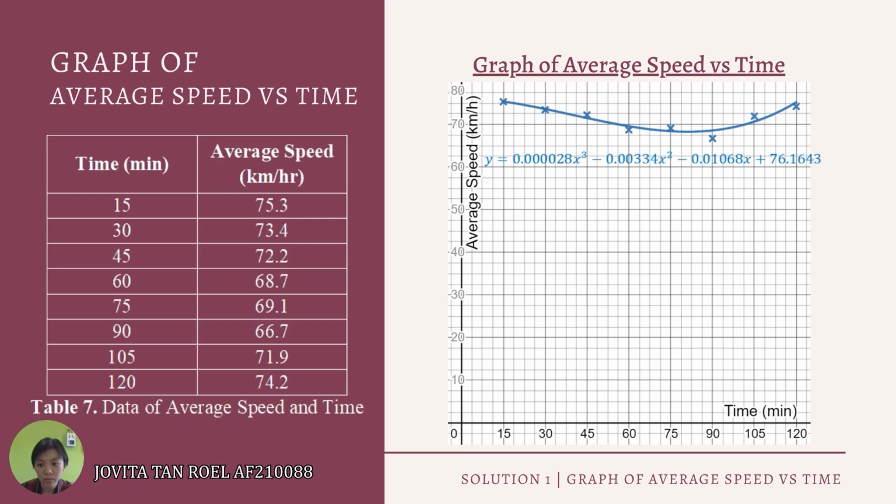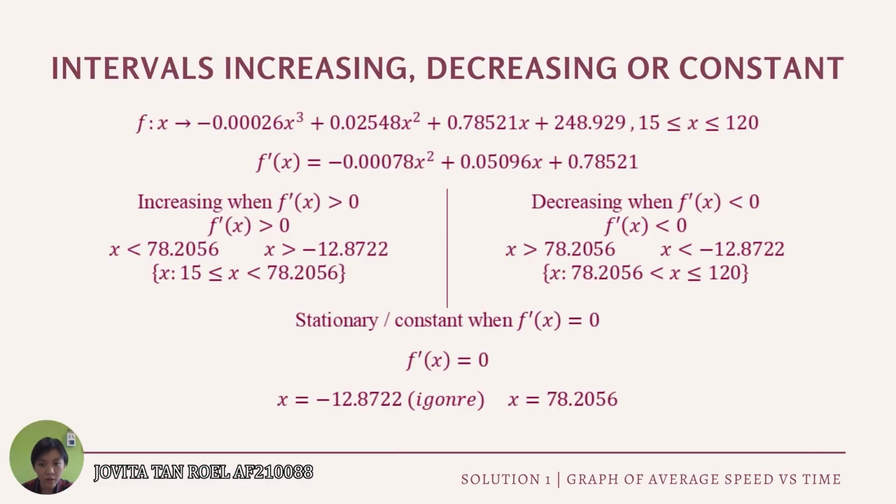260.7862. This is the graph of average speed versus time generated using Desmos and the equation is given. Then we differentiate the given equation to get f prime x.